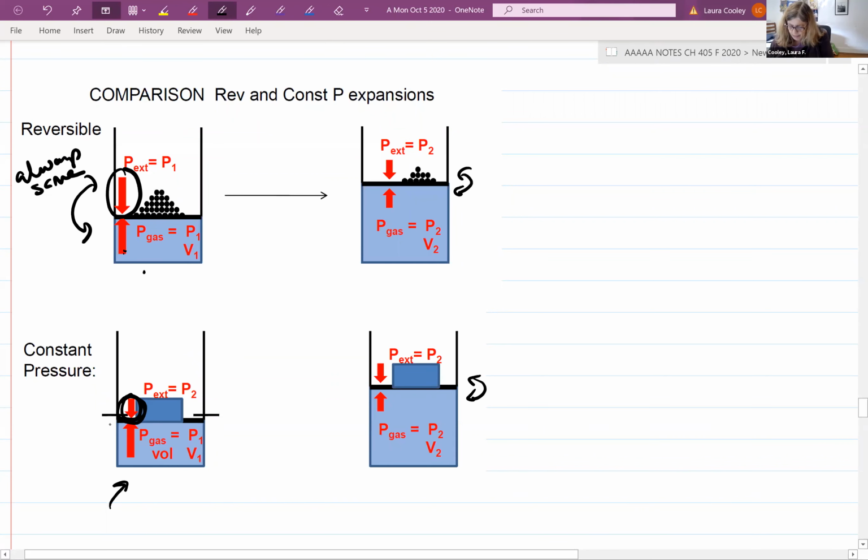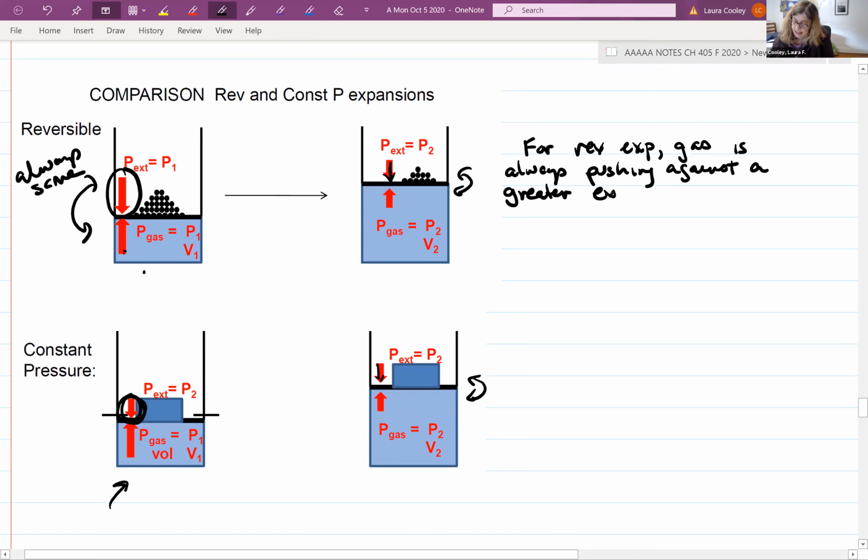The only time it's pushing against the same pressure is at the end. Okay, so I guess I would say that for the reversible expansion, the gas is always pushing harder, always pushing against a greater external pressure than in the constant pressure expansion case. Okay, so that means that the gas is going to do more work.